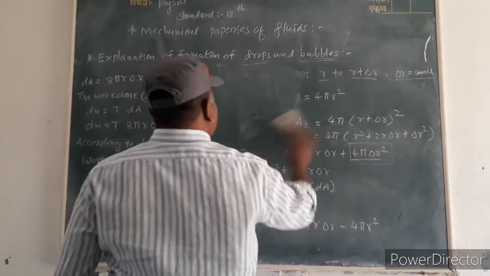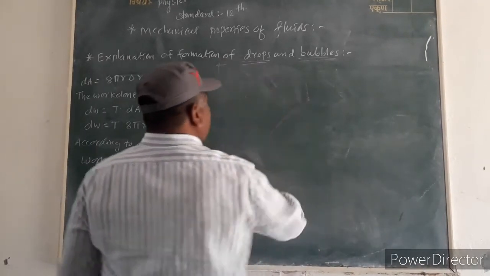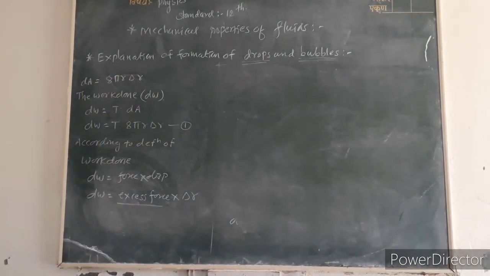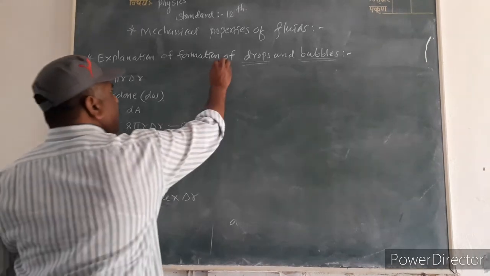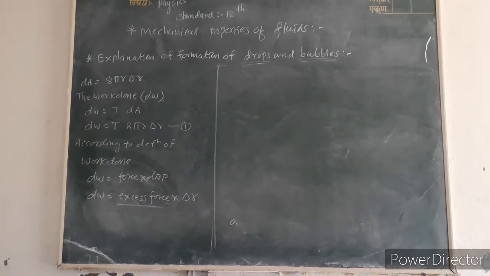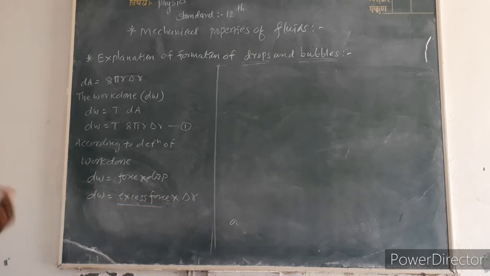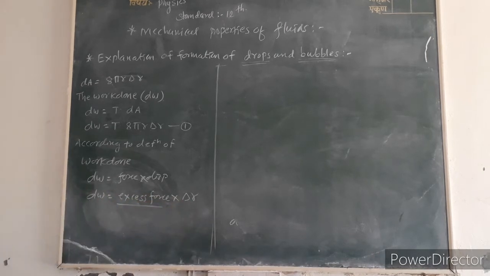The excess force can be determined from excess pressure. We know the relation between force and pressure: pressure is equal to force per unit area. Now, using the definition, work done dW is equal to force into displacement. In our case, force is the excess force and displacement is the increasing radius, that is delta R. This is the small displacement.